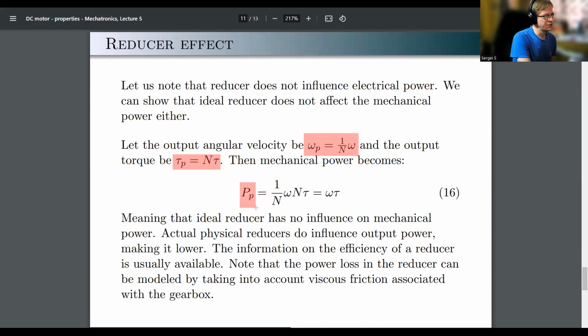So the power of the payload would be this n times slower velocity times n times higher torque. So in fact, this n will cancel with this n. So you notice the ideal reducer does not influence mechanical power either.